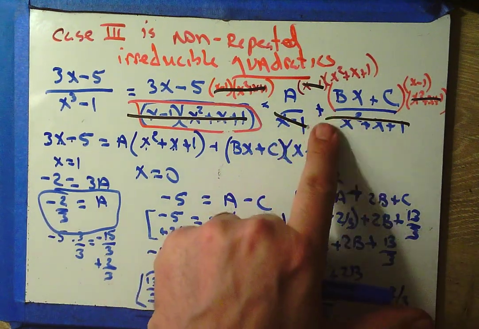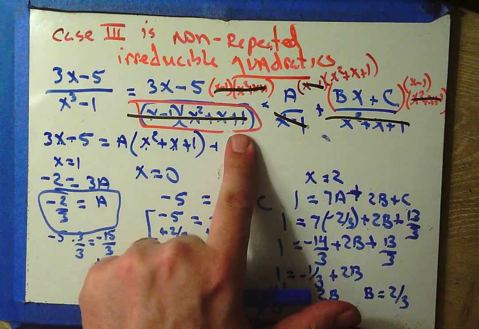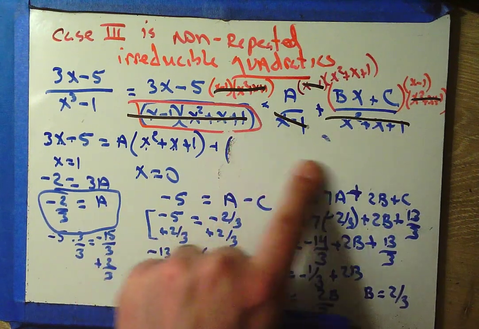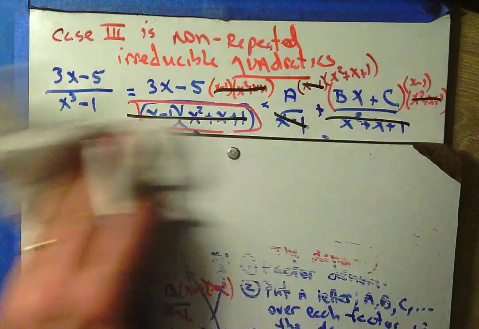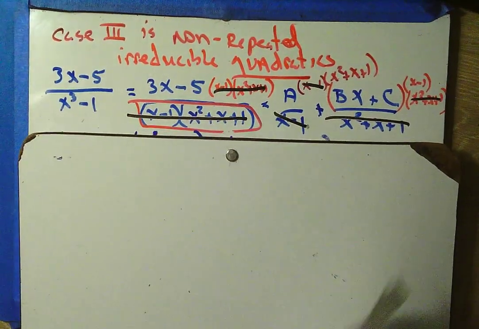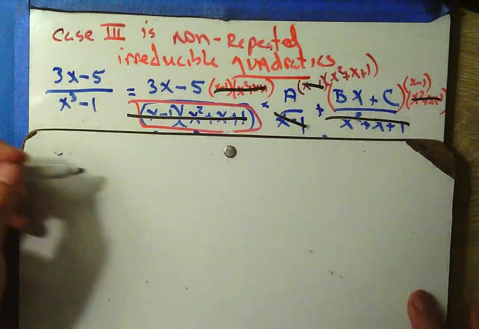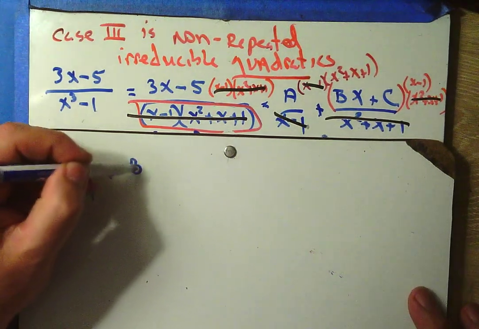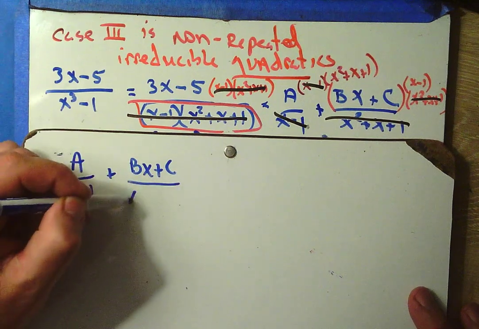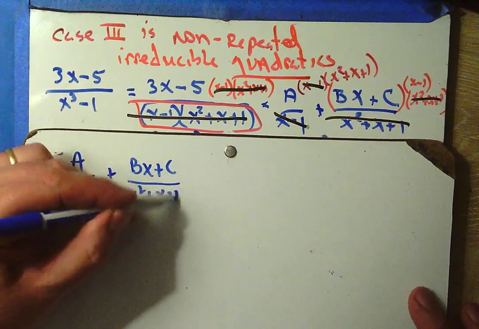And so we have to go back up to this step. Wish I hadn't noticed that. We have to go back up to this step and write our answer. In fact, I'm going to switch boards right now because there's too much information on that board that I still want. Okay, so we've got a over x minus 1 plus bx plus c over x squared plus x plus 1.